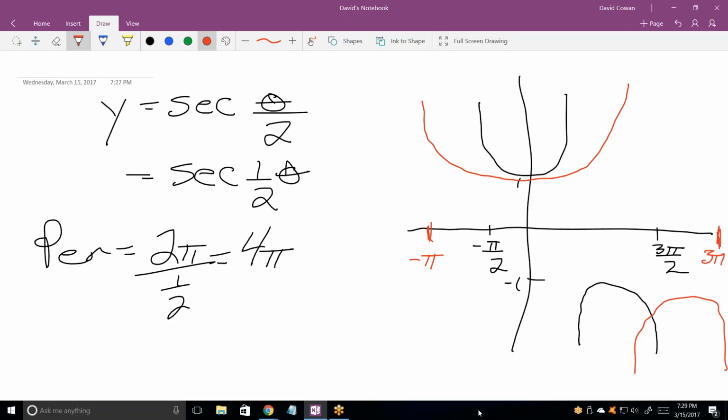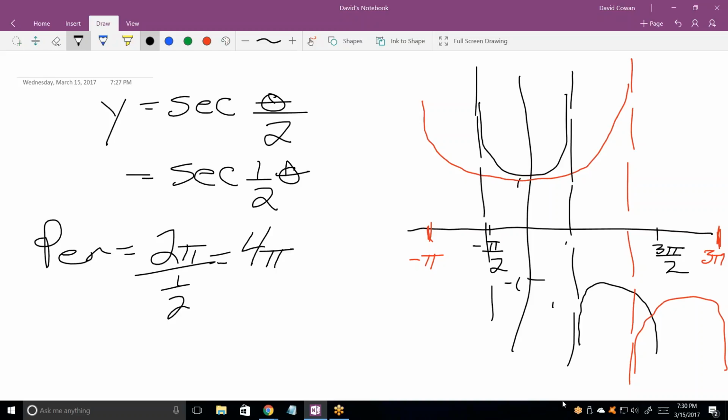And the important thing to know is that there's always vertical asymptotes right there. My original of the parent function, I would have had a vertical asymptote right there. Well, those vertical asymptotes get stretched. In other words, instead of the black vertical asymptotes, my asymptotes are now red, and they're going to be separated by 2 pi each.